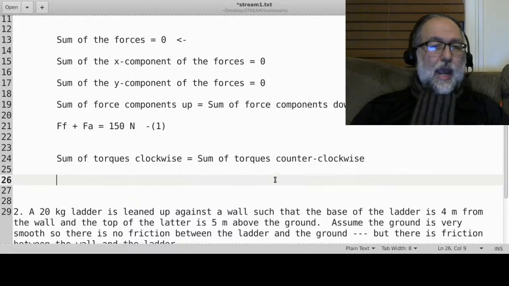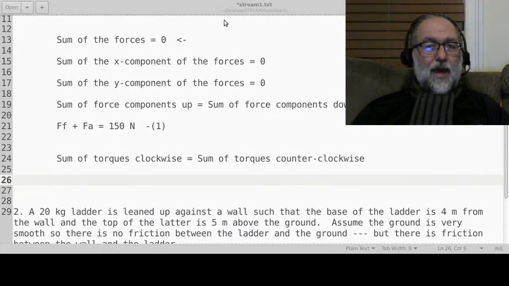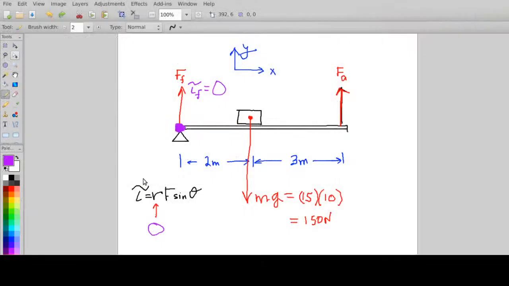And the clockwise torque, let's switch back just very quickly. The clockwise torque, that was mg, right? Because here, let me draw it in there. That wants to turn it this way. So again, what you're doing is you're picturing that it rotates around that axis right there, and if you're pushing down, this thing will want to rotate that way. So the clockwise torque is due to the 150 newton.